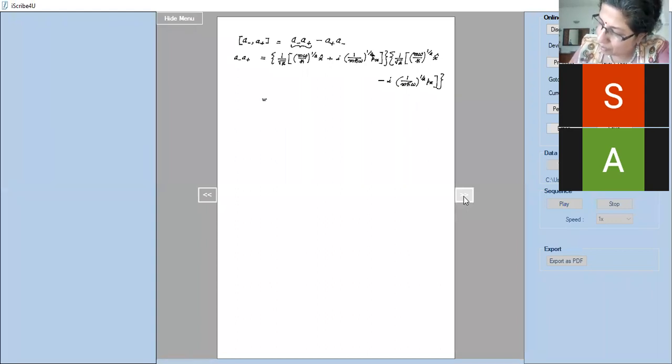You realize there's a 1 by root 2 here and a 1 by root 2 here, so I'm going to pull them out together and write it as half. Then what do we have? We have the first term multiplying the first term, so we'll get m omega by h cross and x square. That's our first term.